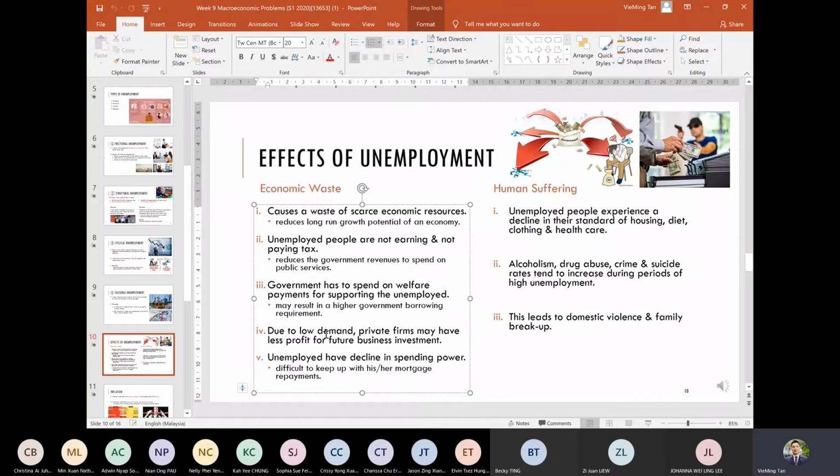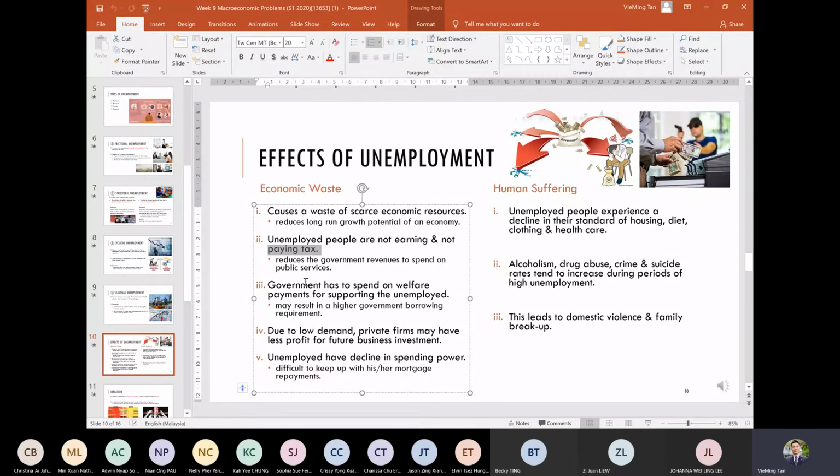And when the purchasing power of the consumer is low, this can also affect private firm activities as well. Private firms have to reduce their production activities because aggregate demand is reducing. This can also have an effect on the government. The government will have less income from collecting tax from consumers and firms.